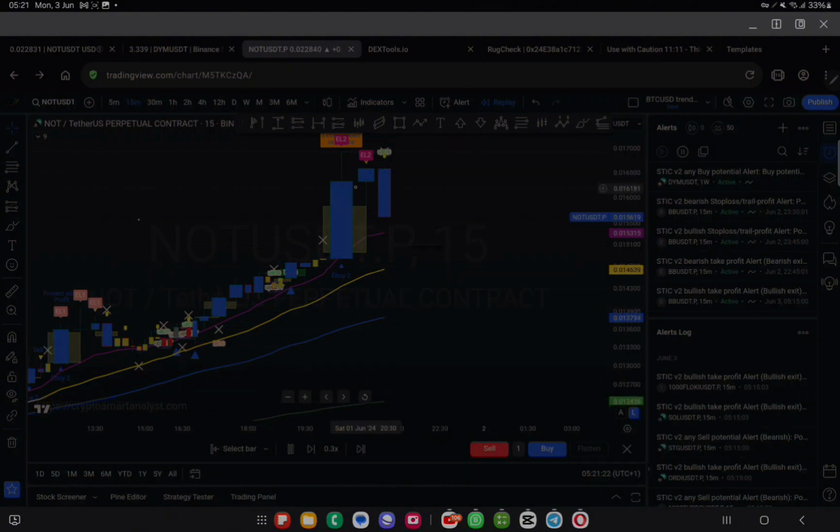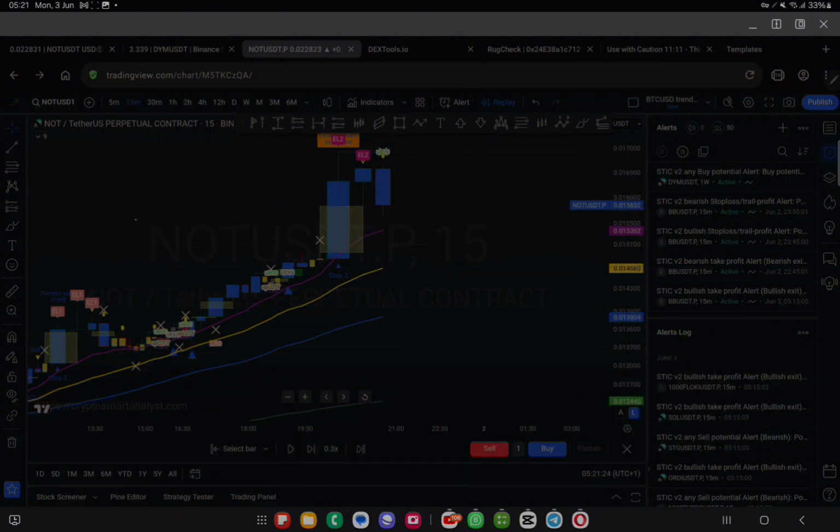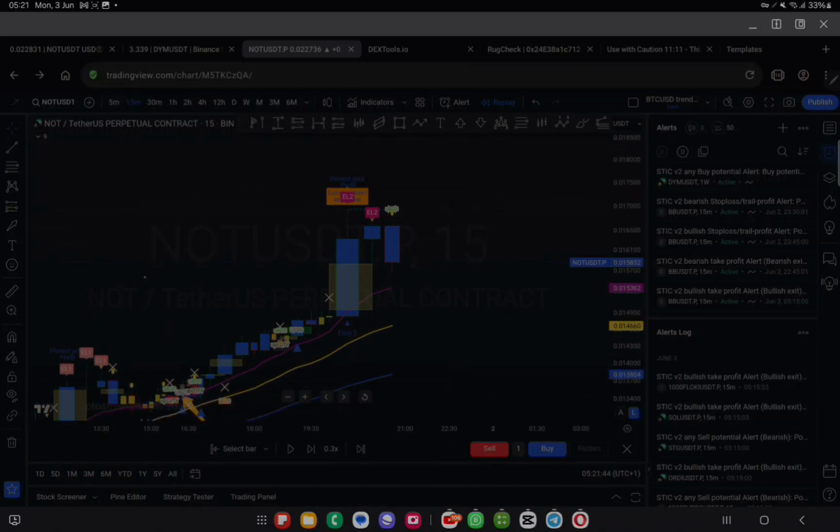So using STIC, you can see, let me pause a little bit. So when we got here, you can see my entry was here. I got my entry here. And when the market went from here to this top, look at what we got at the top: take some profit and also extreme alerts.